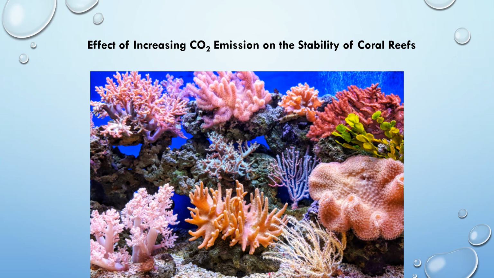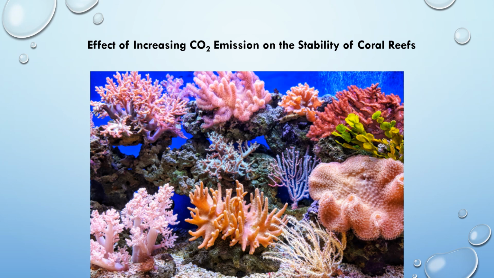There are a lot of natural processes or phenomena related to the solubility of ionic compounds. You all have heard about the effect of ocean acidification on the stability of coral reefs. So here, thinking about what we just learned: if we increase the emission of CO2 into the atmosphere, and we know atmospheric CO2 can be dissolved in the ocean, which will decrease the pH of the seawater.